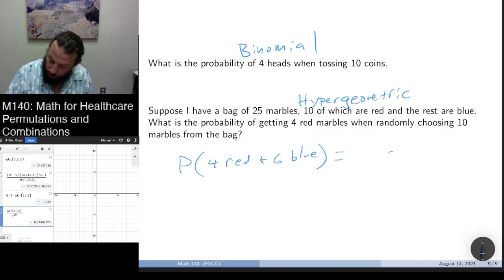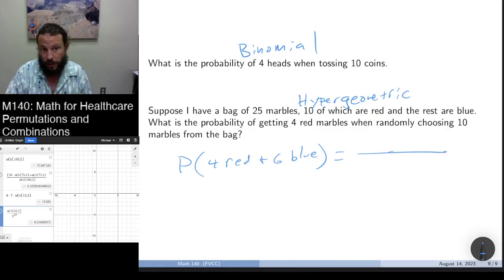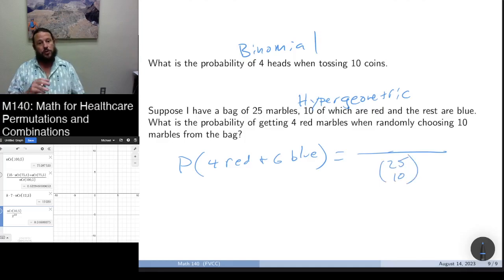First, we want to get the size of our sample space. In this case, we ignore the colors, and we have 25 marbles and we're choosing 10. That's all the possible ways of choosing 10 marbles from 25. In our numerator, notice we're not going to have addition because we don't have different values for the number of red ones.